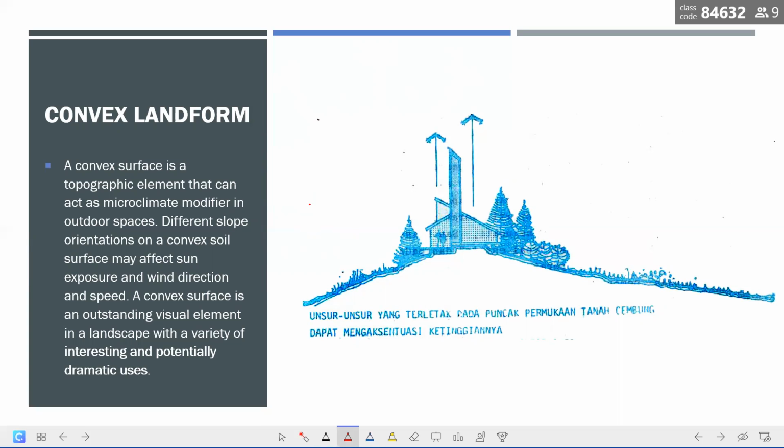Convex surfaces can also act as microclimate modifiers in outdoor spaces.